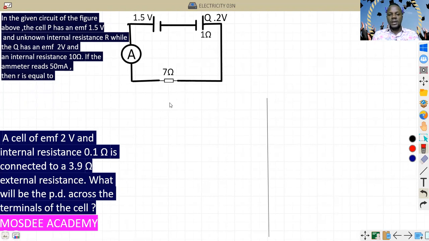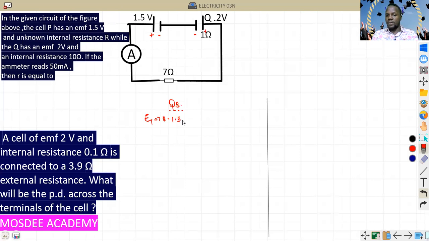We have it here. Now, the first thing we need to check is the way this is being connected. Look at the battery. This is the positive, this is the negative. This is the negative, this is the positive. We've talked about the conventional method of the flow of charge. So when you have batteries connected like this, the sum total, which we call the effective EMF, which I call ET, will be 2 minus 1.5.